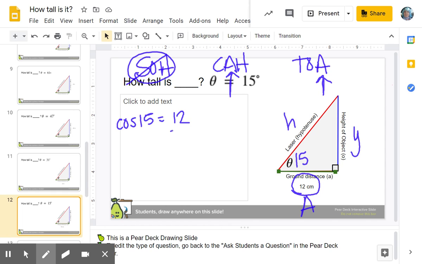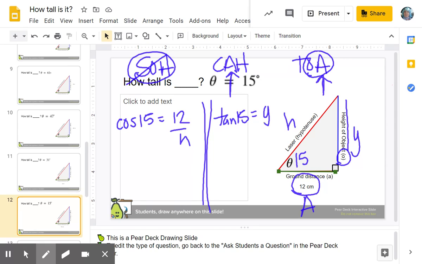And then I've got tangent. And what's the fraction for tangent? So that's going to be O over A. So my O side is this side. That's the Y. And then the adjacent side is the 12.